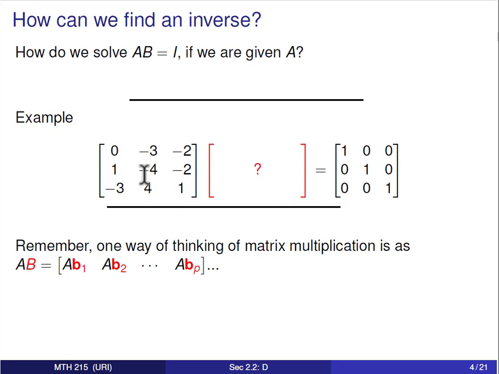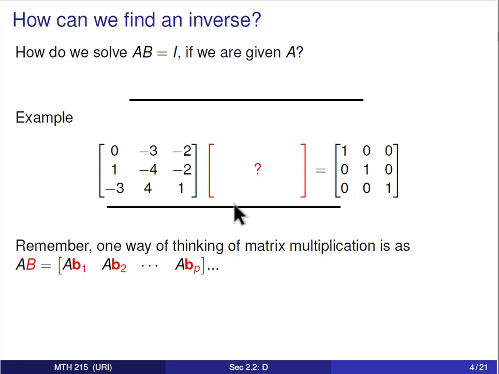We said that when you multiply a matrix A times a matrix B, your answer can be thought of as having columns that come from multiplying A onto the columns of B. If we represented the columns of B by B1, B2, and so on all the way through the last column, then AB has columns where you get the first column by multiplying A onto the first column of B. The second column of your answer comes from multiplying A onto the second column of B, and so on through the end. So what we see here in our equation above is actually what the right-hand side equals.